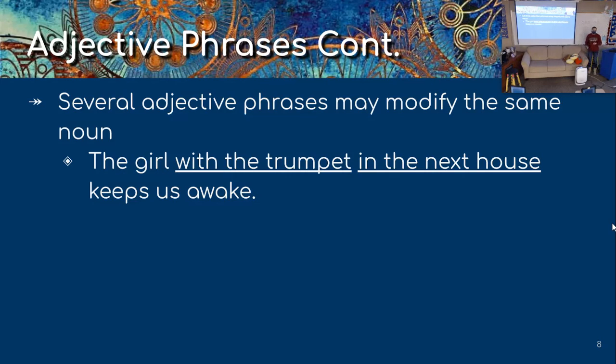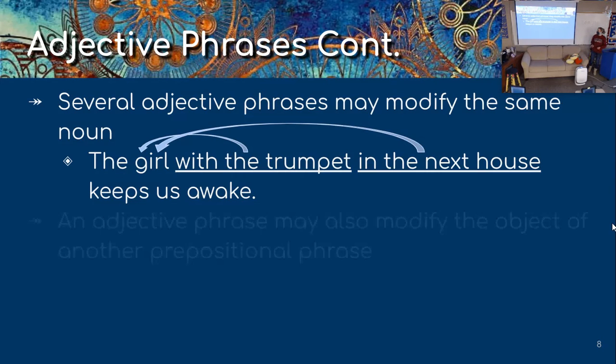Both of those phrases are working to modify which word? Marcus? Girl. With the trumpet is telling us which girl we're talking about. In the next house is also telling us which girl. We're talking about the girl in the next house, and the girl with the trumpet. Both are working together to modify the exact same noun.